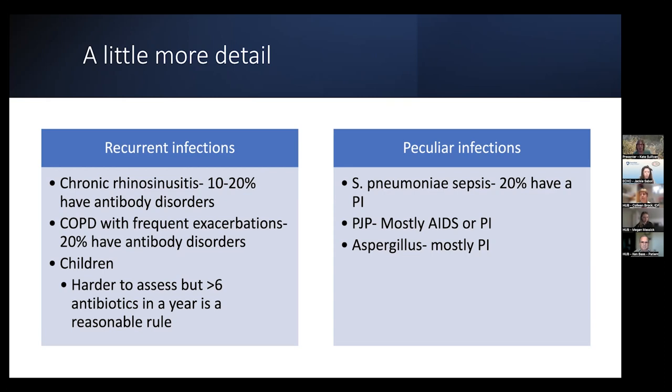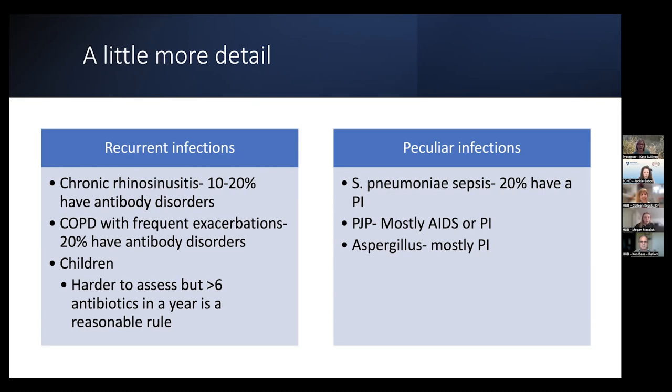What about peculiar infections? Well, we've talked about the opportunistic infections. It's certainly not limited to pneumocystis and aspergillus. You could add bad CMV. You could add warts that take over a whole hand or a whole foot. But the one I'm going to highlight for you is actually Streptococcus pneumoniae sepsis.